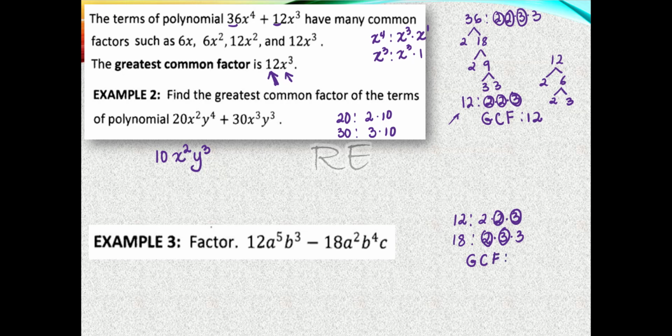Now that we have the GCF of the numerical coefficients, we're going to look for the GCF of the variables. Between a to the fifth and a to the second is a to the second. Between b to the third and b to the fourth, it's b to the third. Now c is just by itself.